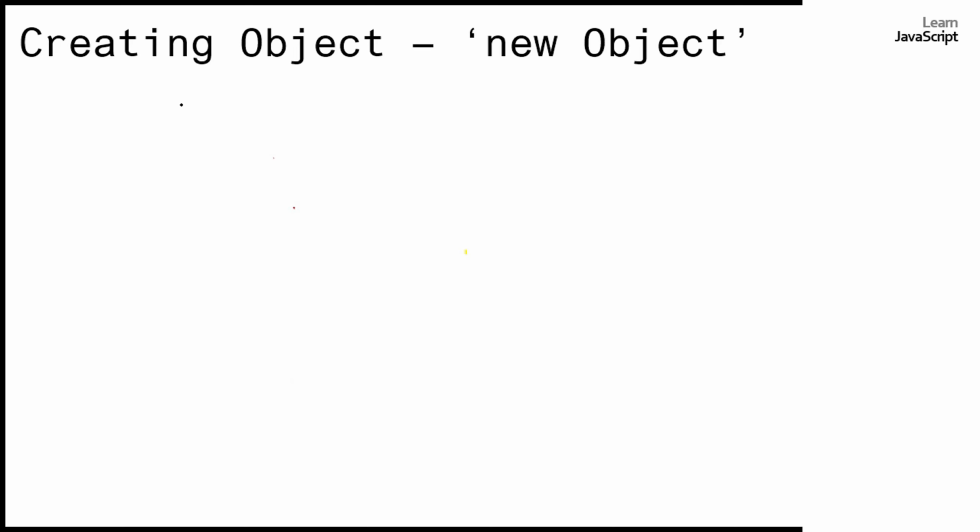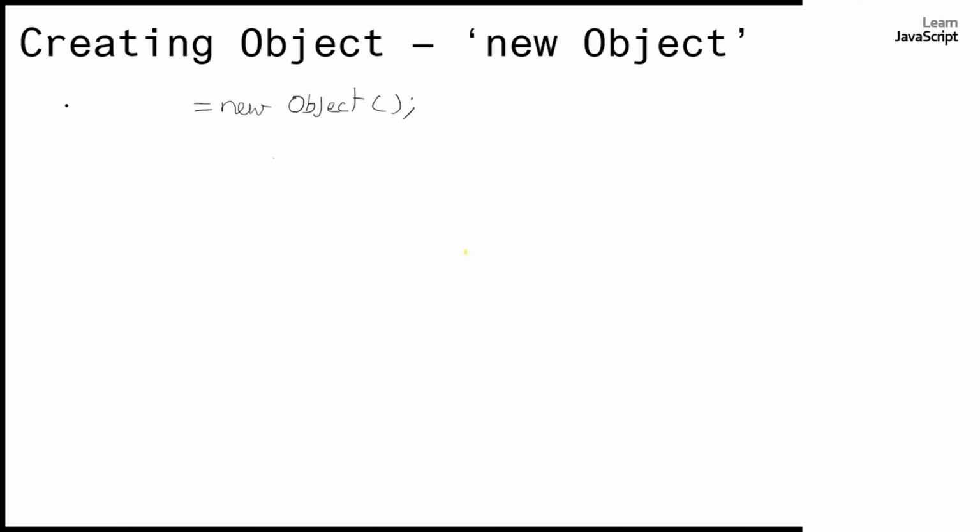So in object notation, we will use the keyword new. Then we will create Object here, O is caps. So this will create an object and we can assign it to a variable.